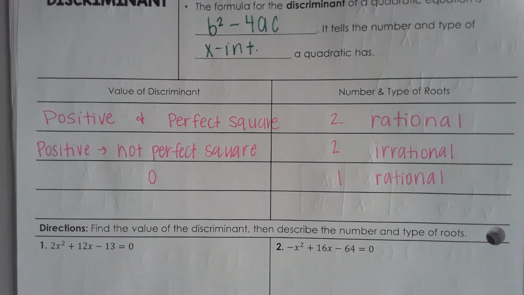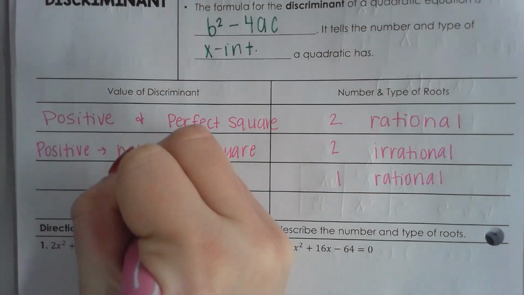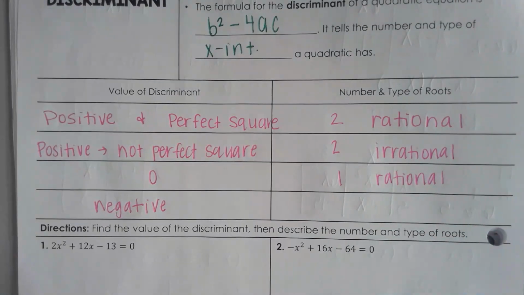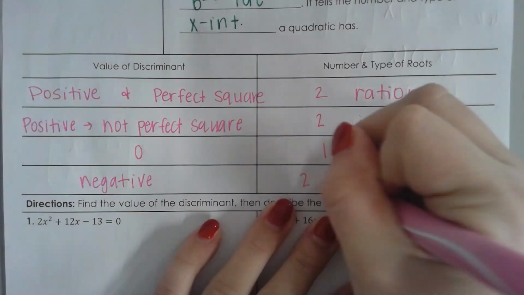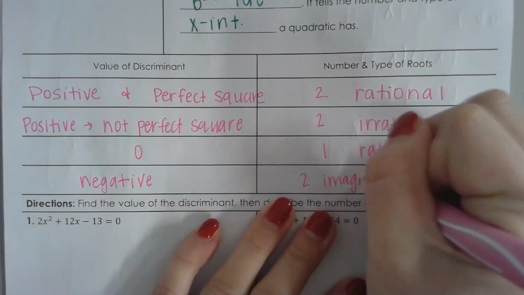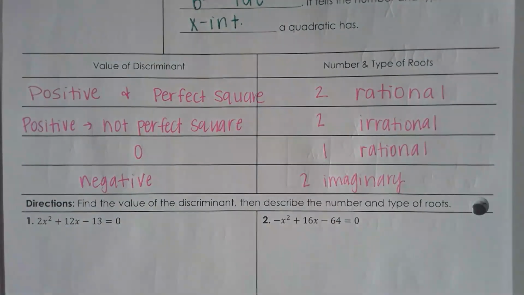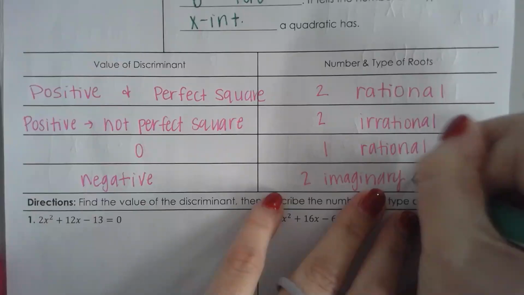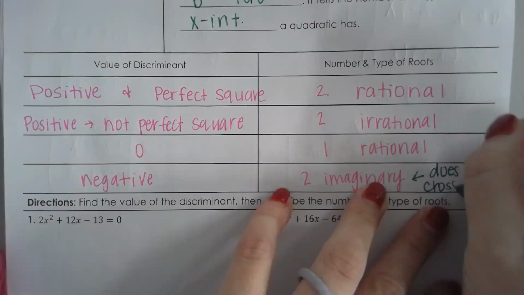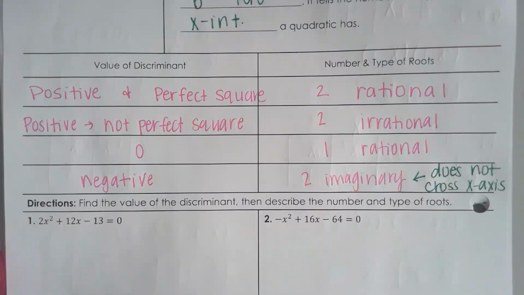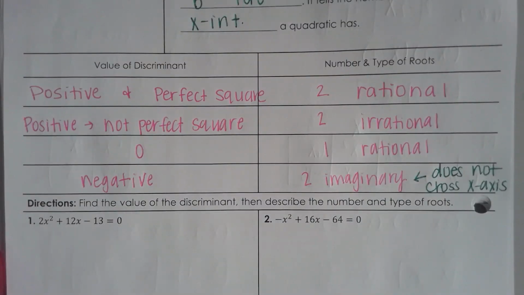And if it's negative, then we say that it has two imaginary x-intercepts.